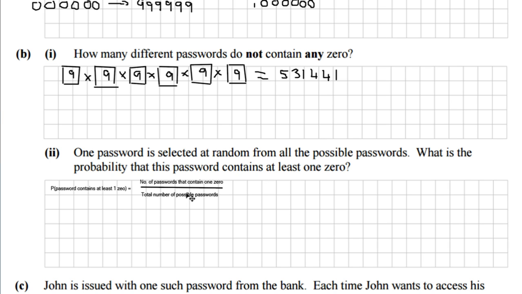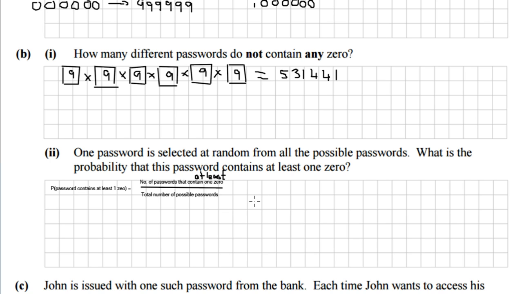Now, before we go anywhere, that has got to make sense. If I want to find out the probability that a password that I select at random contains at least one 0, I've got to know how many passwords contain at least one 0, divided by the total number of passwords.